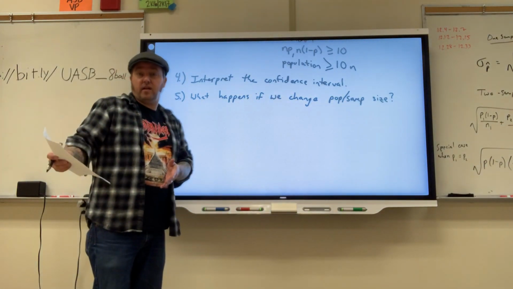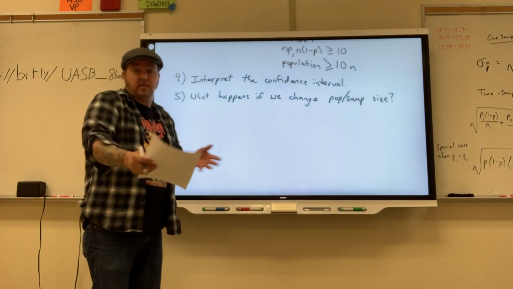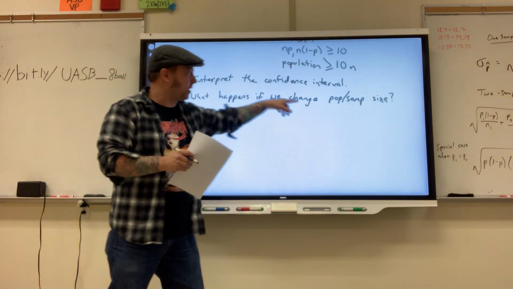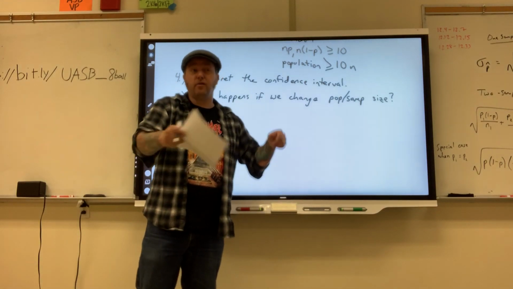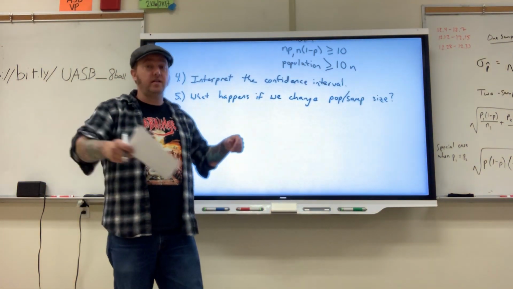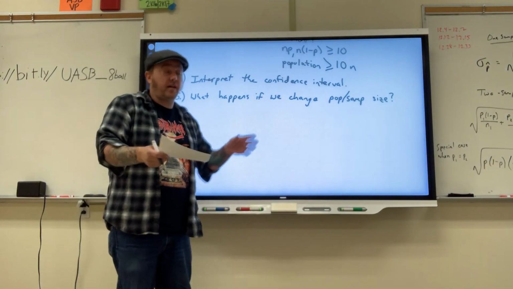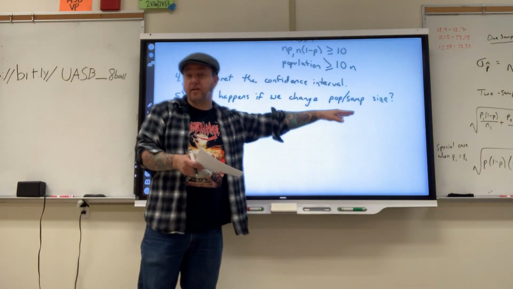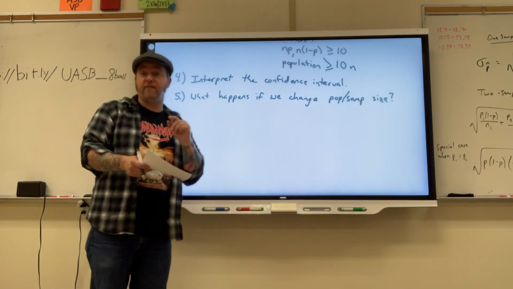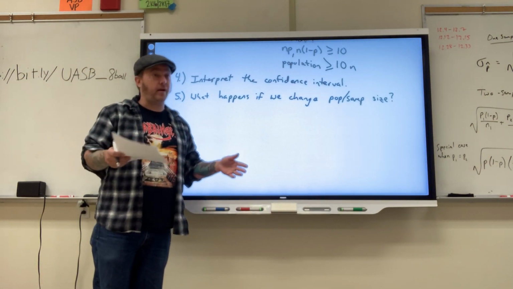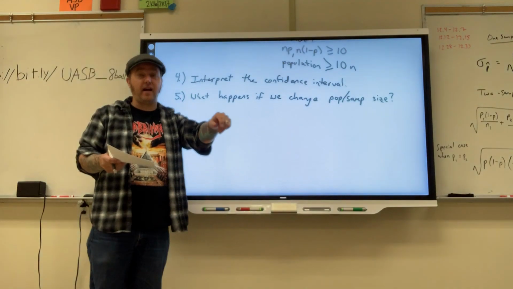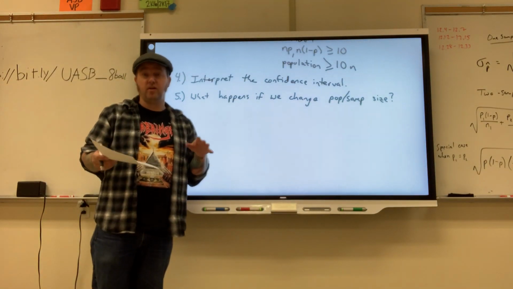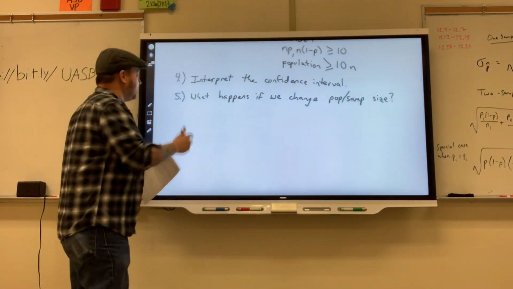So if we're looking at a confidence interval for, say, all of San Mateo versus all of the United States, our sample size is what matters, the population size doesn't. Now, if I double the sample size, what happens? No, it doesn't get smaller by a half, it gets smaller by 1 over root 2. Good, okay, perfect.